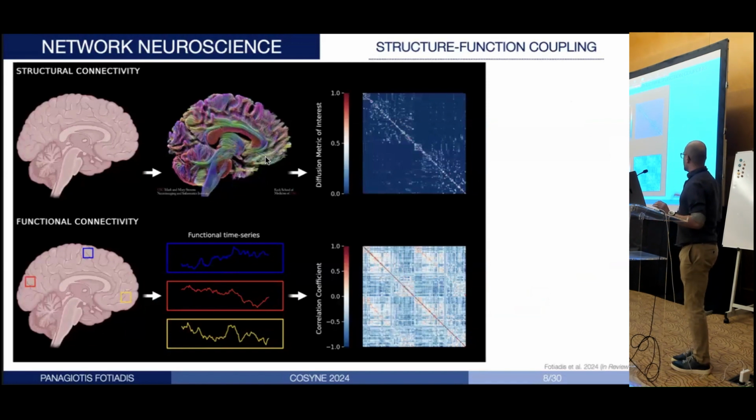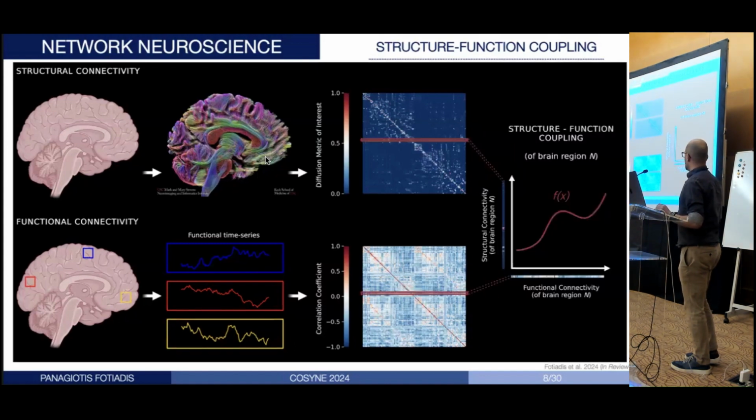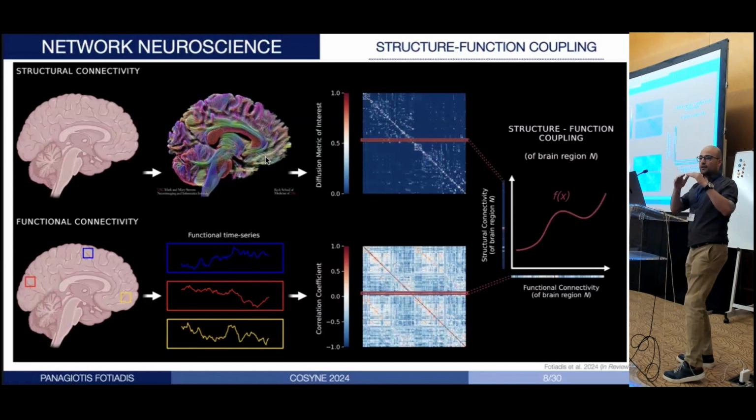So the way that we do that is, as I described earlier, you compute the structural connectivity of a human brain, then you construct the functional connectivity matrix of a human brain, and then in order to compute a brain region's structure-function coupling, you identify the brain region on each one of those matrices, thereby identifying their structural connectivity towards all other brain regions and their functional connectivity towards all other brain regions, and you correlate those two vectors. And you can then say that the correlation coefficient across those two vectors is the structure-function coupling.